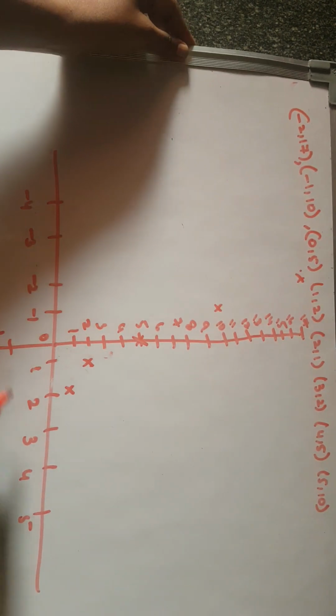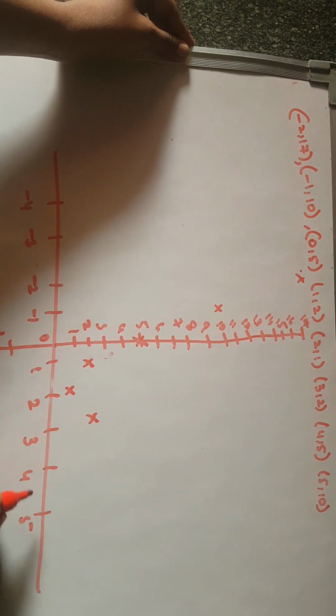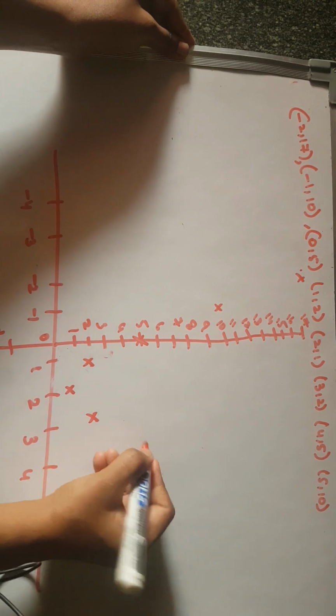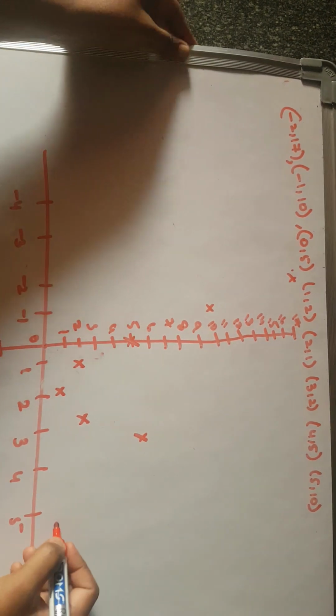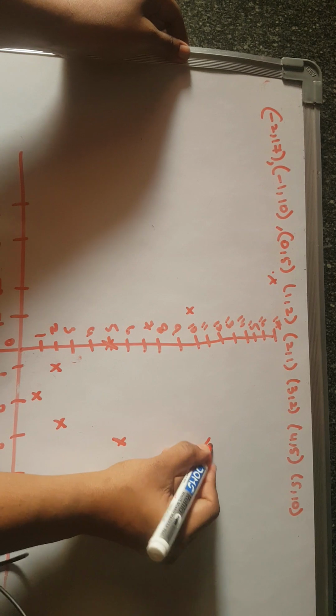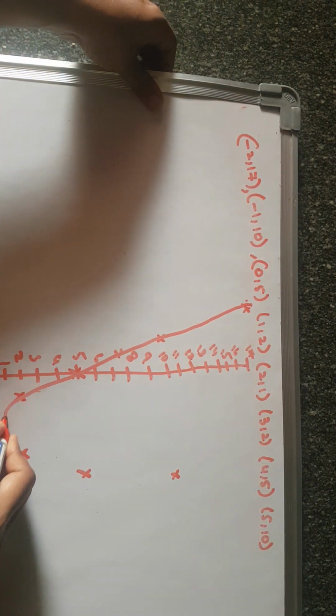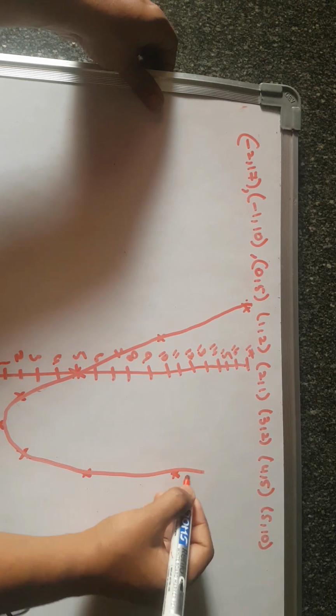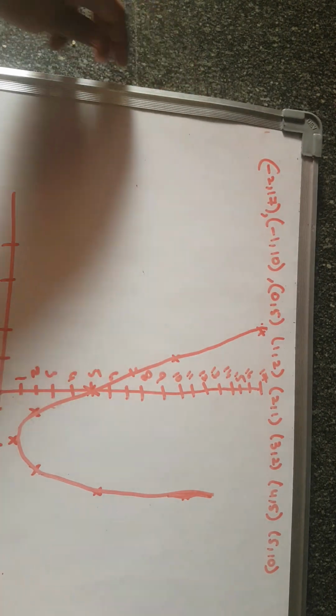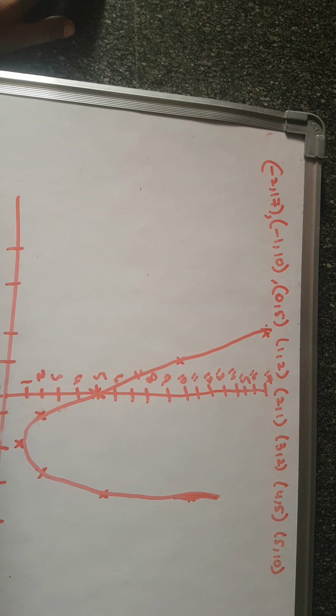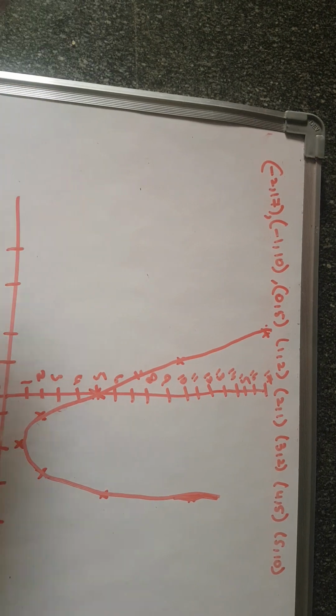When you take 3, the value is becoming 2. When you take 4, the value is becoming 5. When you take 5, the value is becoming 10. So the graph is like this. When you construct it, the graph becomes like this. Okay, this completes the problem.